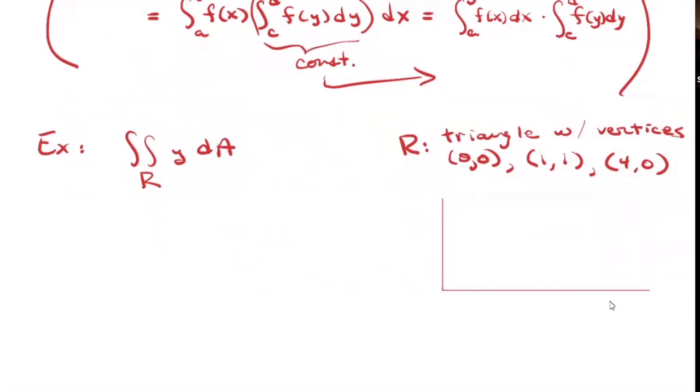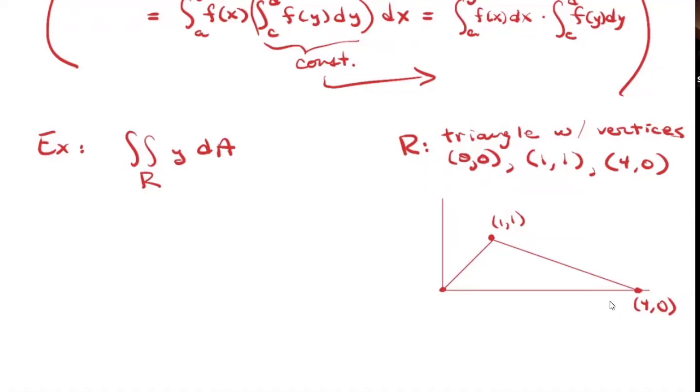Okay, so (0, 0), I'll put (1, 1) right there, and then (4, 0) will be way out there. Okay, let's connect these. Like that.